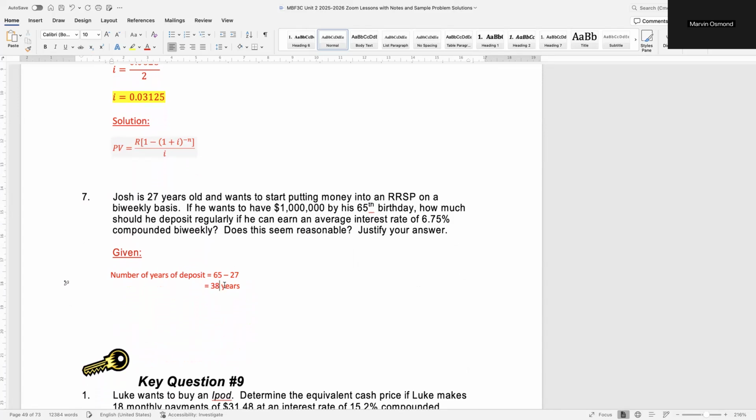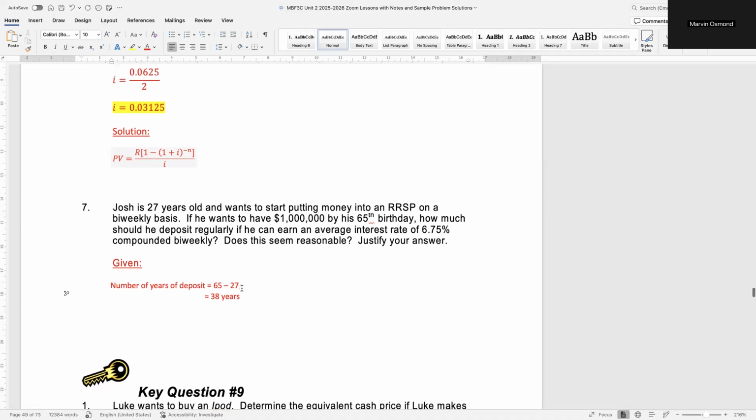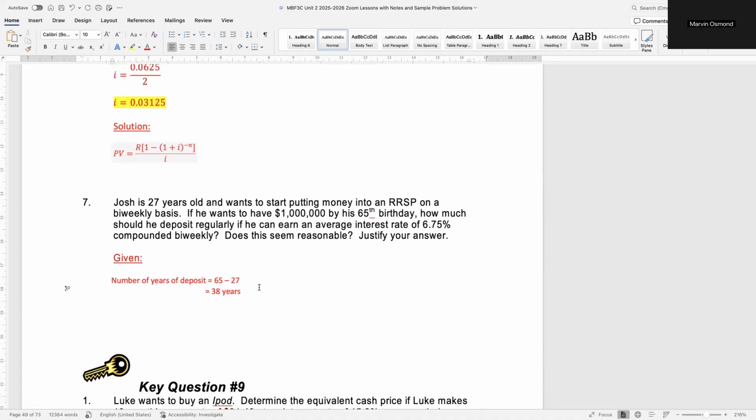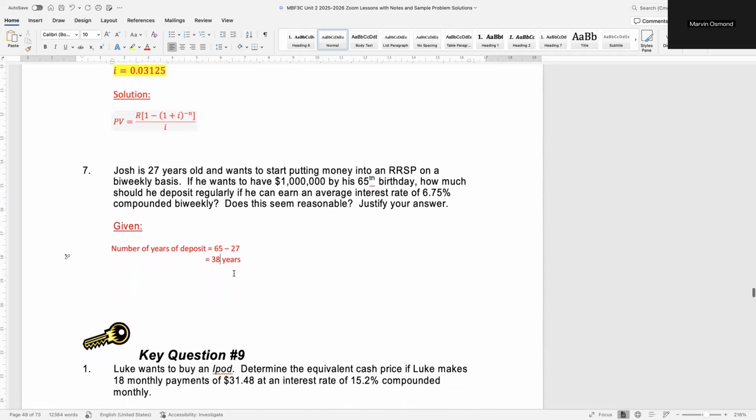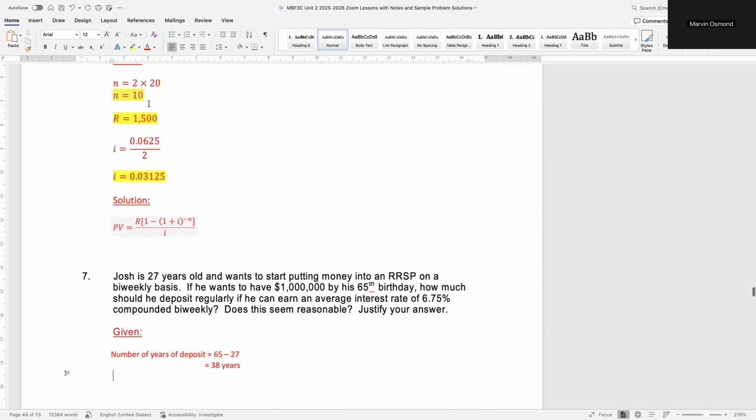So 65 minus 27, let's do the math. 65 minus 27 is 38. So 38 years. Okay, so that we know is 38 years. So now I can calculate my N value.